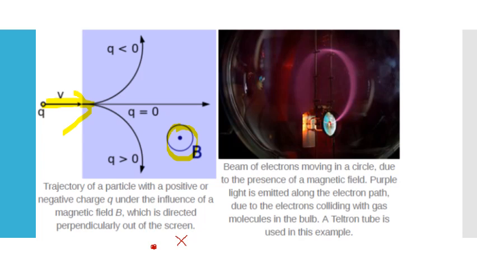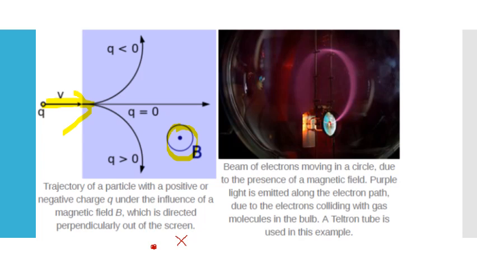Here the light shows the electrons are colliding with gas. We have passed these electrons through gas molecules. So the electrons are moving in a circular direction due to the magnetic field. We have applied the magnetic field perpendicular to it.